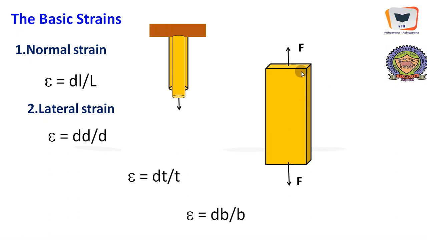Here is an example. A bar or a strip of iron is subjected to force F, and the original dimensions are B1 the width and T1 the thickness. After the stretching, B1 should reduce, T1 should also reduce, and the length should increase.